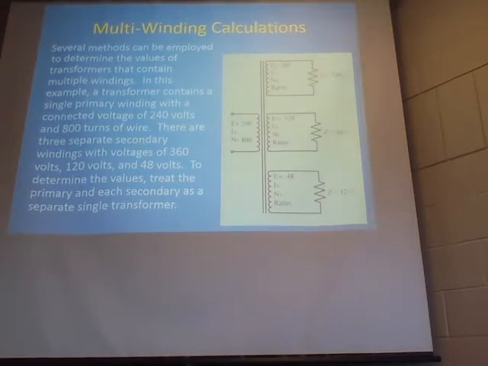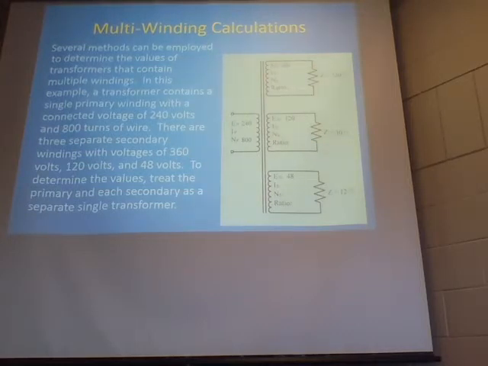Several methods can be employed to determine the values of transformers that contain multiple windings. In this example, the transformer contains a single primary winding with a connected voltage of 240 volts and 800 turns of wire. There are 3 separate secondary windings with voltages of 360, 120, and 48 volts.